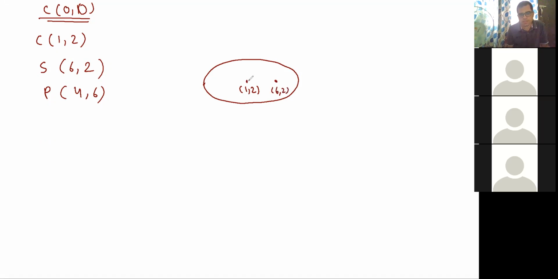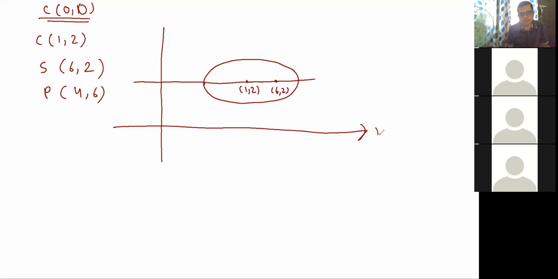So if you join the center and the focus you will get the major axis. Center और focus को join करोगे तो तुमको major axis मिल जाएगी. अब क्या ये बता सकते हो major axis कहाँ पे है? This is your x axis, this is your y axis, this is 1, this is 2.